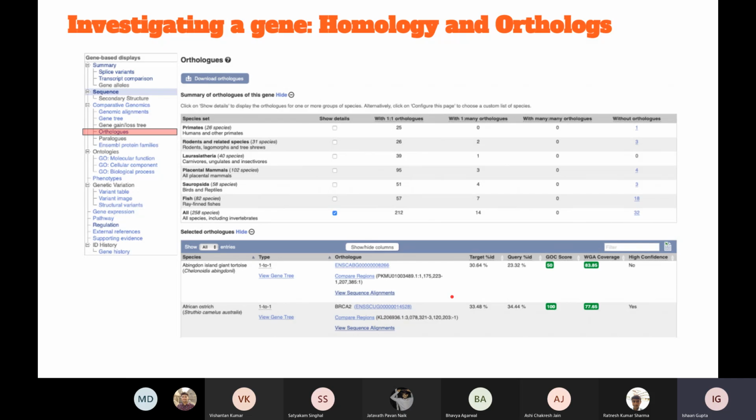Again, you must be cursing me. I asked you the same question where you had to do a thorough search to find these orthologs for BRCA1, I guess. But here is a one-stop shop where you can get all this information. That was to motivate why secondary databases are required.